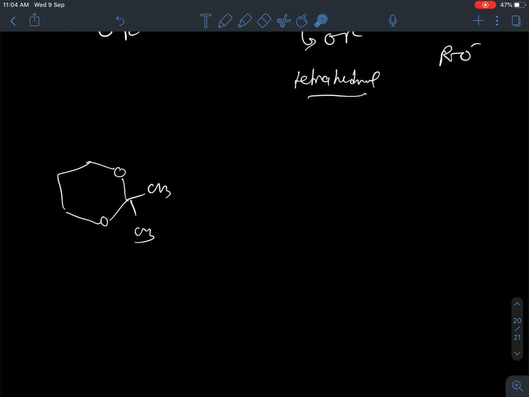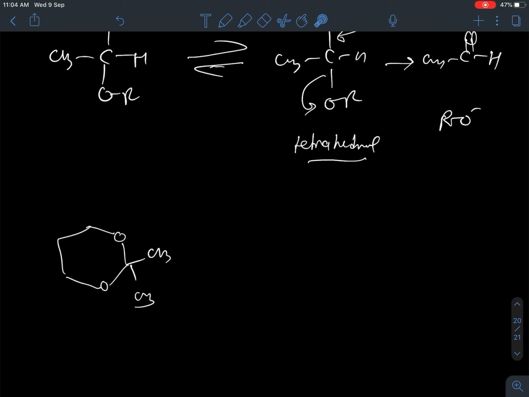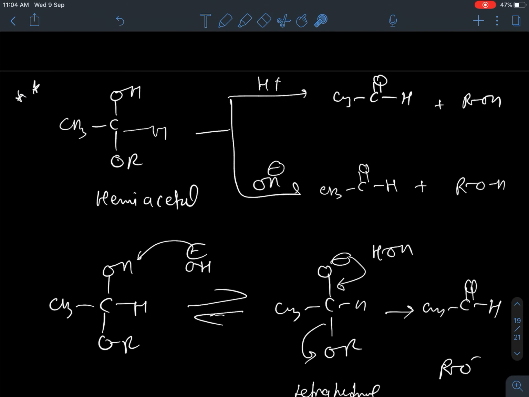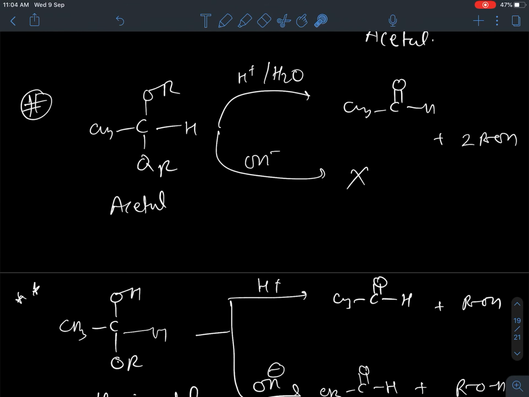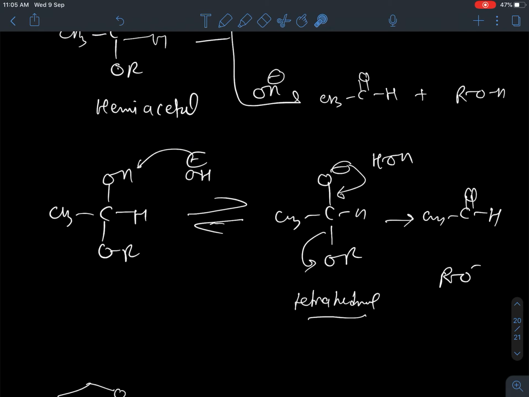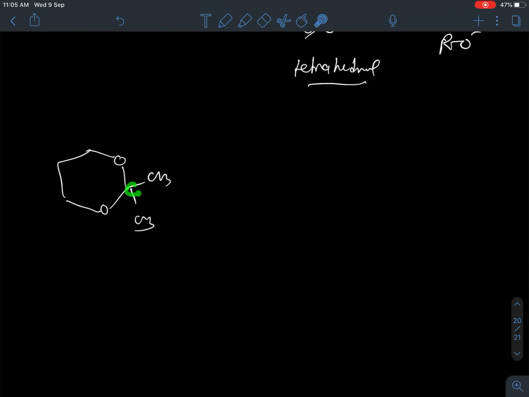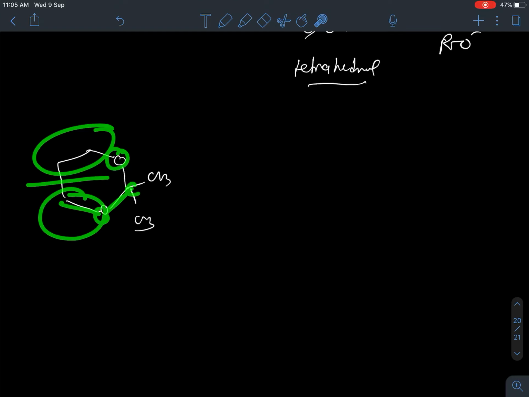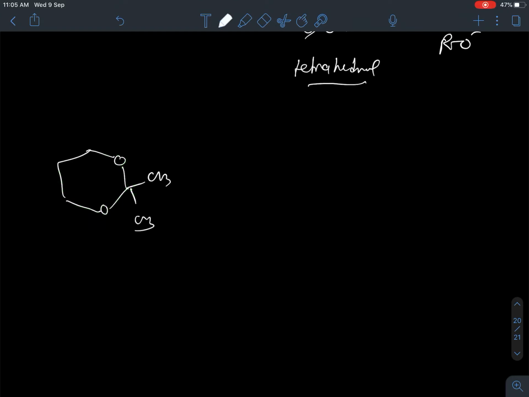So look, what was special about acetal was that we are having 2 OR groups at the same carbon. Just look at this, 2 OR groups on the same carbon. So look at this, we are having 2 oxygens immediately on the carbon and then this is the R group. So this is acetal. If you took basic medium here, NaOH, then nothing will happen.